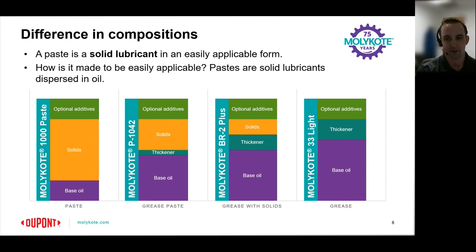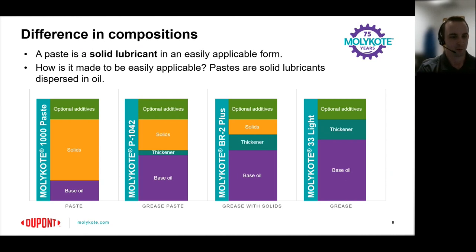For the conditions that may fall in between the strengths of a grease and a paste, we do have things like greases with solids and grease paste, which excel in those mixed friction regime areas. You can also see that we have a product listed on each one of these bar charts.